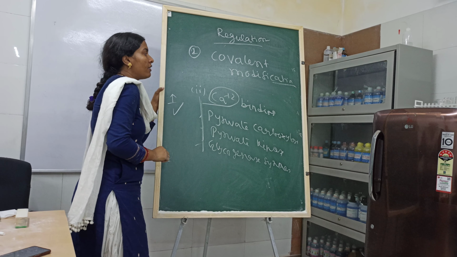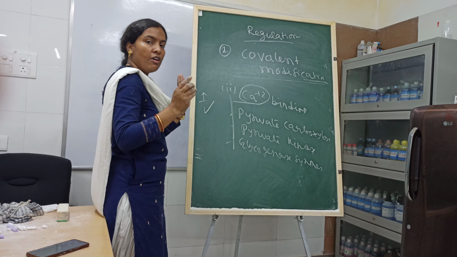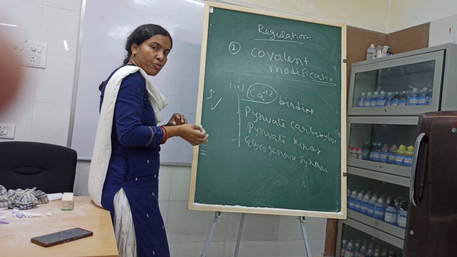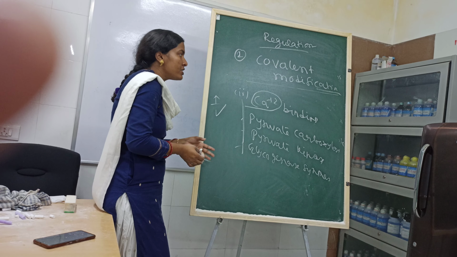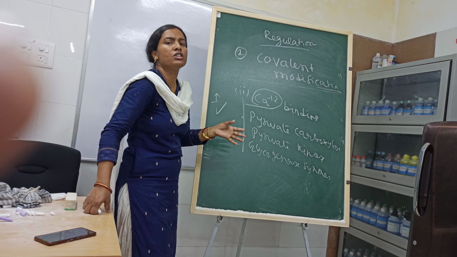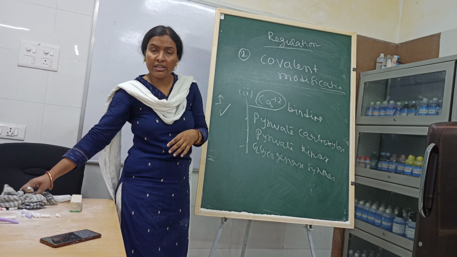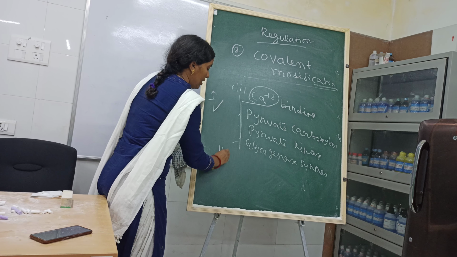And this is one important example of covalent modification. So the first example is via phosphorylation or dephosphorylation. Three types of covalent modification can be done: one is phosphorylation, dephosphorylation, another is binding of calcium, and another is adenylation.